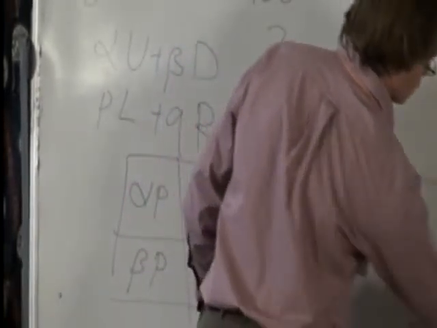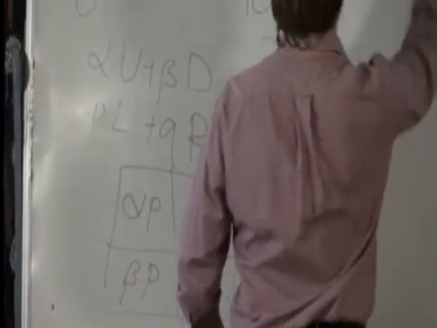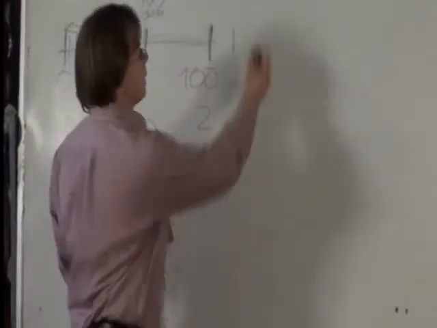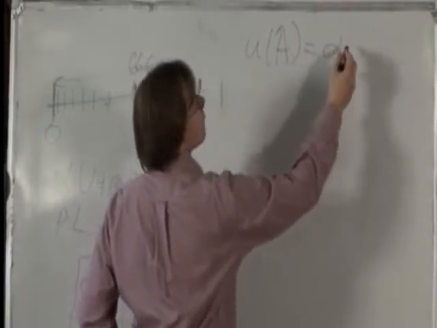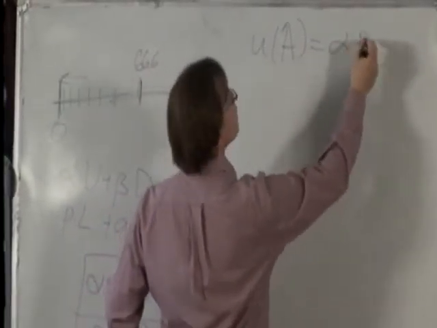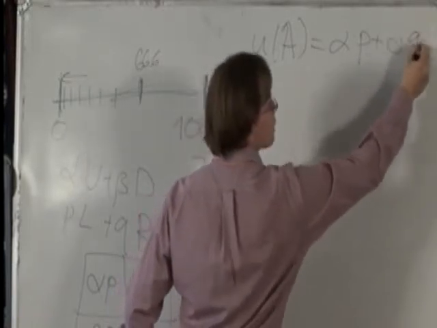And if we now write the payoff from playing strategy A, strategy B, and strategy C, we would see that if you play strategy A, then what you get is alpha P plus alpha Q, which is alpha.